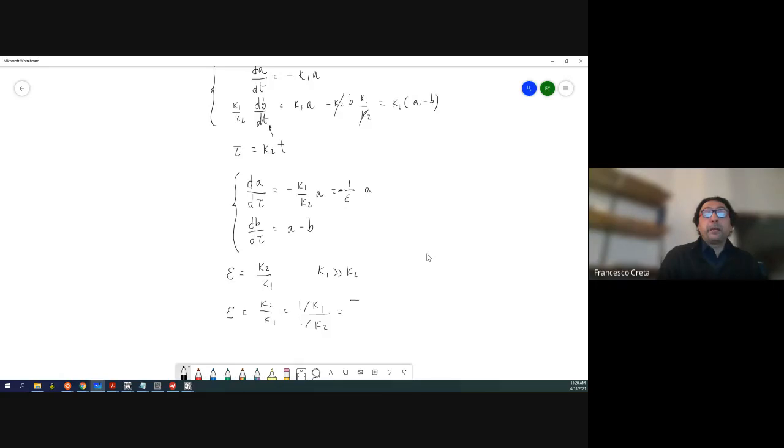So this would be the fast timescale, and at the bottom, we have a slow timescale. The fast timescale is of order epsilon, and the slow timescale is of order 1. So clearly, epsilon is a much smaller than 1 number.